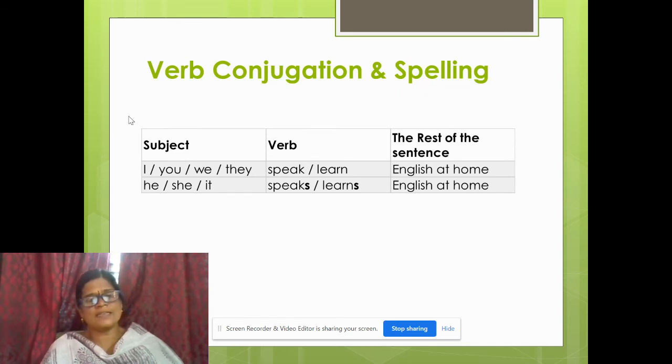Here I have given examples: speaks and learns. Speak plus s. Why have I added s to this word? Because the subject is in the third person. This is one of the rules you should always keep in your mind: if the subject is the third person, the verb carries s.